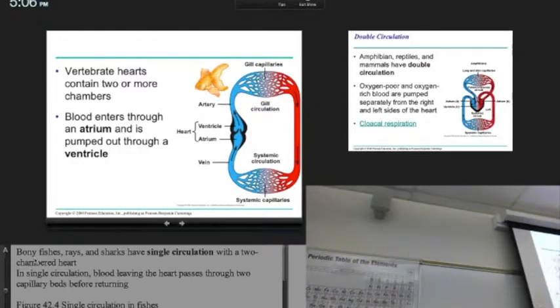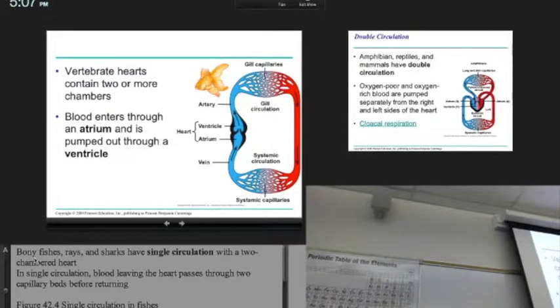Okay, so bony fishes, sharks, rays, all have what's called single circulation. So one contraction of the heart muscle pushes blood from the ventricle through the gill capillaries. So that's a capillary bed that exchanges CO2 with oxygen. So now you have oxygen-rich blood flowing into another capillary bed that is the rest of the body.